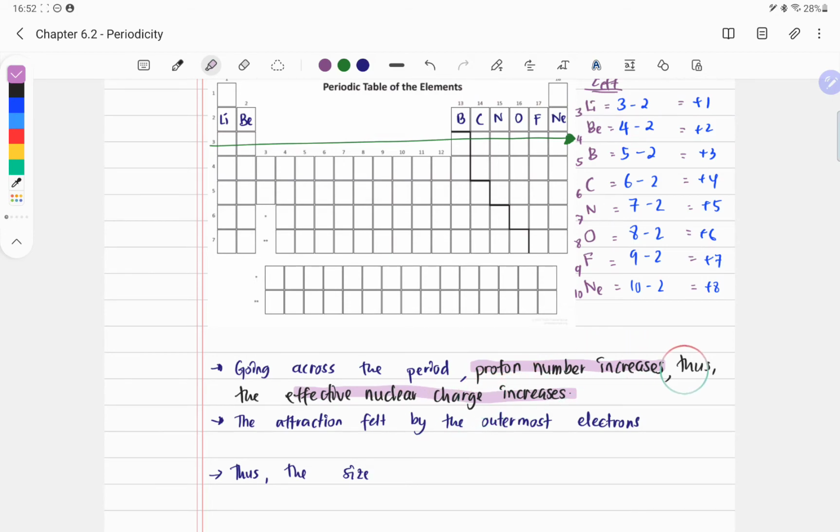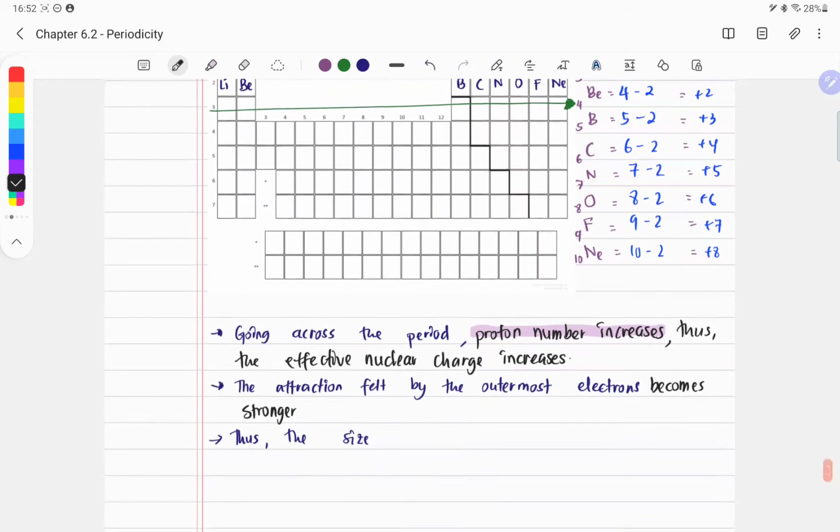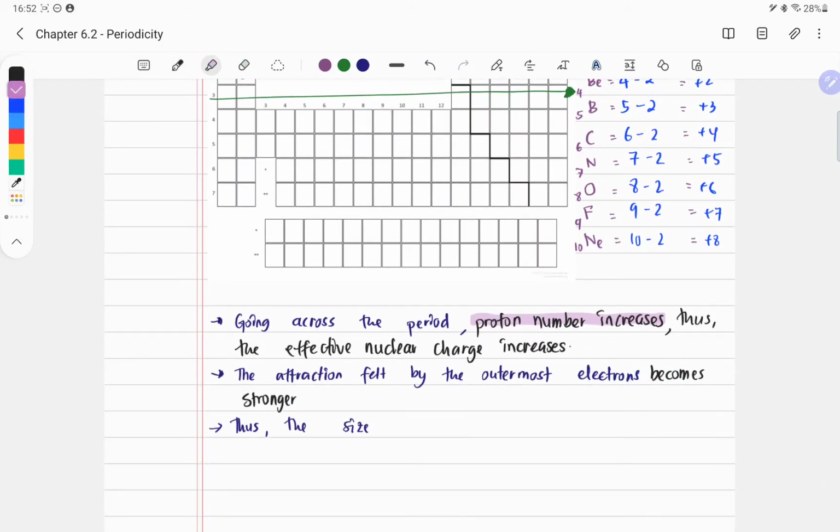And because of this, effective nuclear charge increases, okay, the attraction felt by the outermost electrons becomes stronger. Because we are talking about the attraction becoming stronger or weaker. When the effective nuclear charge increases, meaning the charge felt by the outermost electrons increases, they feel more attracted. So the attraction becomes stronger. Okay, so the attraction becomes stronger.